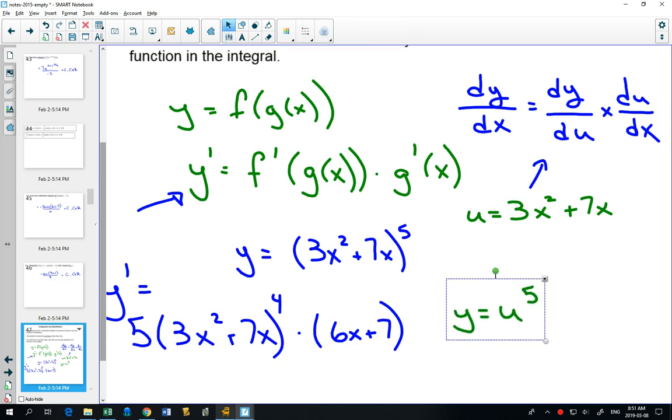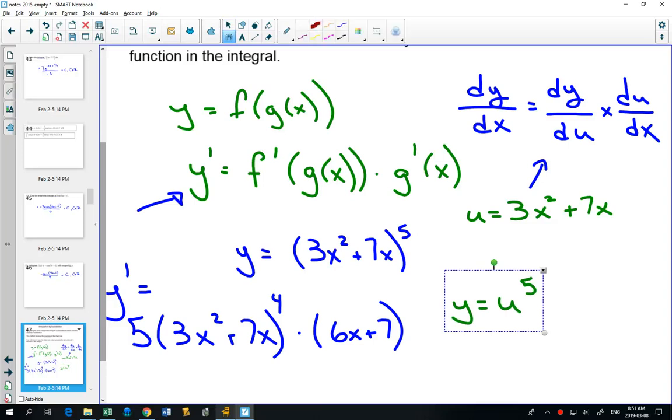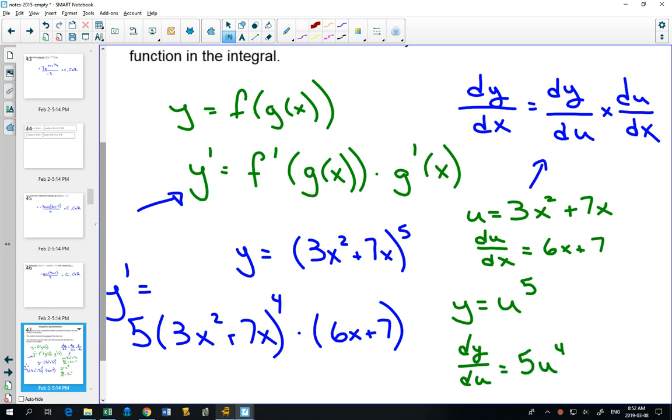And with u, I could find the derivative easily: du dx, the derivative of this function, would be 6x plus 7. And dy du would just be 5u to the 4.